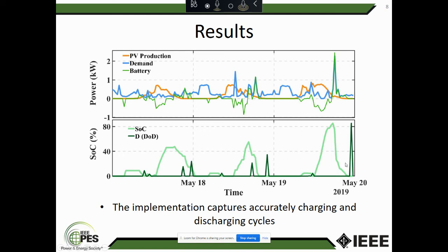If we look at May 20, here we have a full discharge cycle without interruption, and we capture this cycle quite well, even if it doesn't start at 100%. So this is an improvement compared to the state-of-the-art methods.